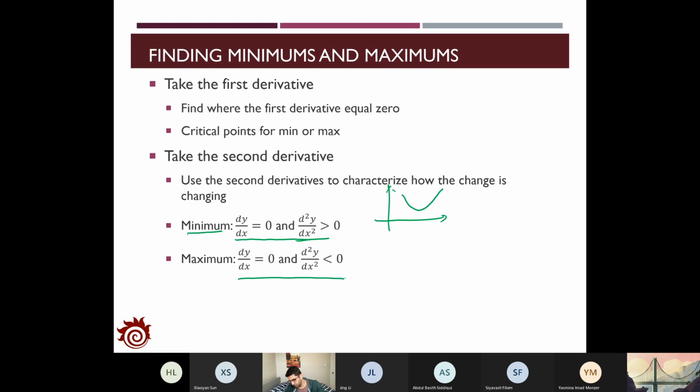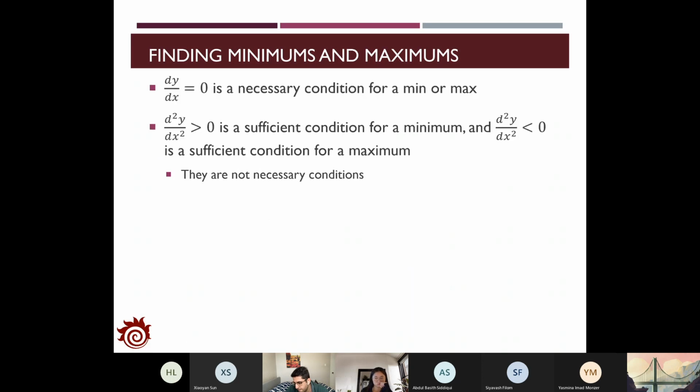But if dy over dx equals 0 and the second order derivative is smaller than 0, it means this is the maximum value. A typical example would be a concave relationship. So this is how we use the first and second order derivatives for the maximum and minimum values.